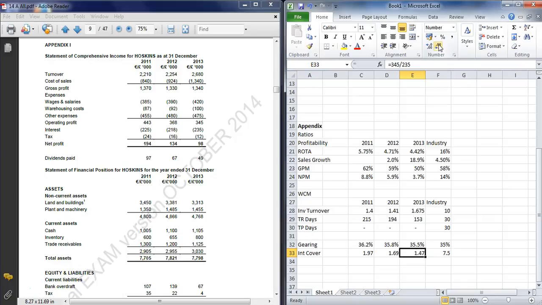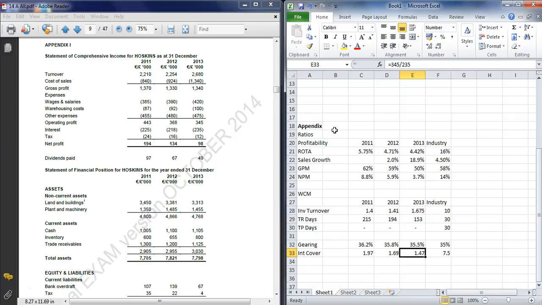So again, the key comment there is we're a lot lower interest cover than the industry average, which again would call into question the sustainability of the interest payments on an ongoing basis. If this is the profitability level and that level of interest, it may call into question how sustainable that debt position is going forward.